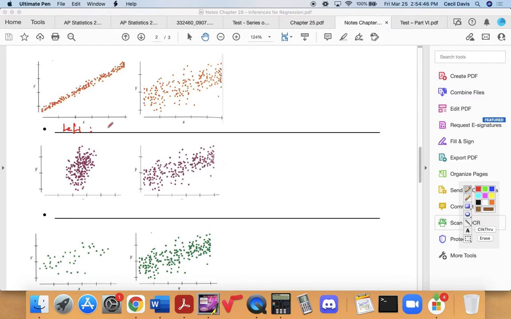So why? Well, the way I would describe this is that there's a smaller standard deviation from the regression line.